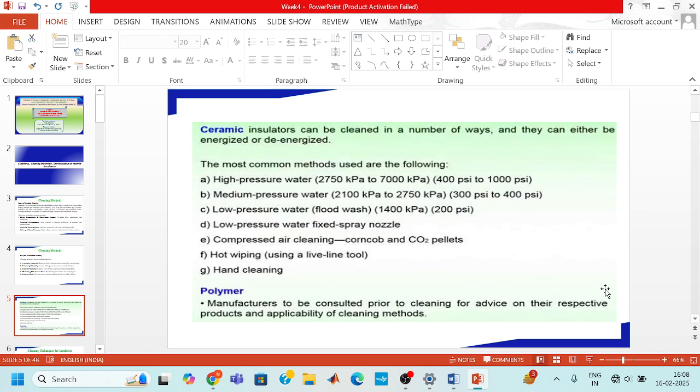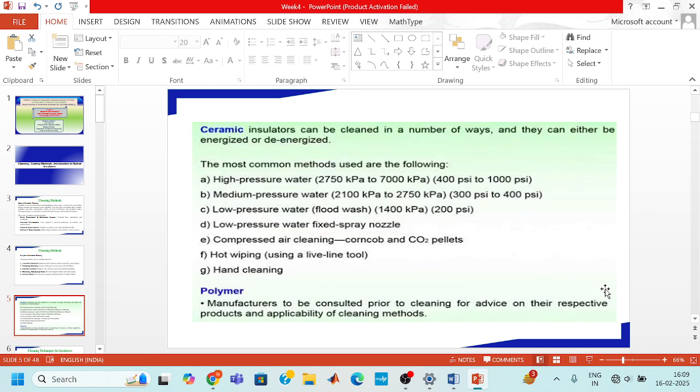Okay, as we know, ceramic insulators can be cleaned in a number of ways, and they can be either energized or de-energized. The most common methods used for cleaning ceramic insulators are high pressure water, in which water at a pressure of 2750 kilopascal to 7000 kilopascal is applied to clean the insulators.